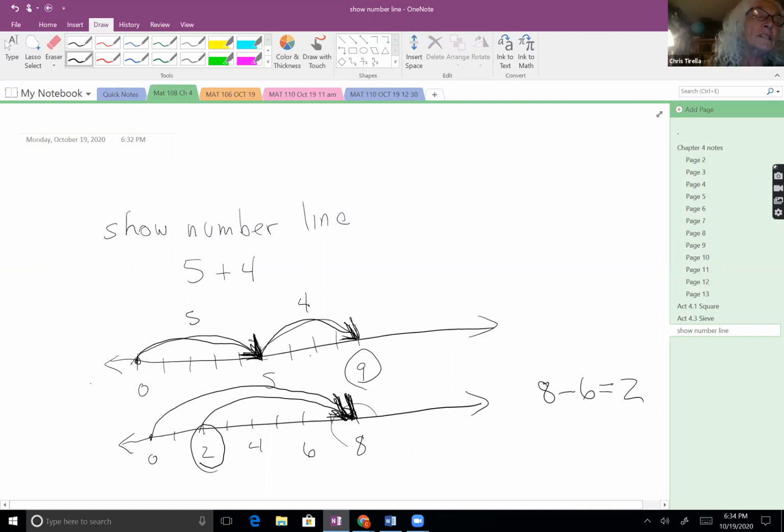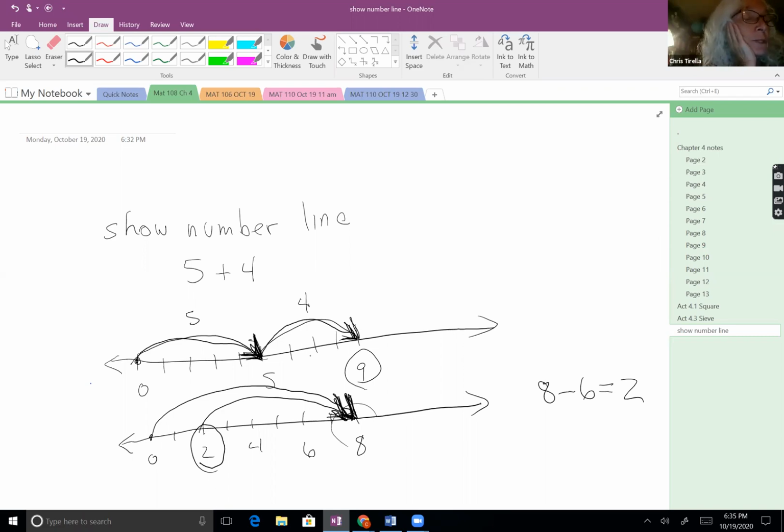Then there's some set questions. You're given a set and you're asked to do complement, union, and intersection with a group of sets. There's some set notation where you're asked to read set builder notation, write set builder notation, and describe a set, all those different ways of showing a set.